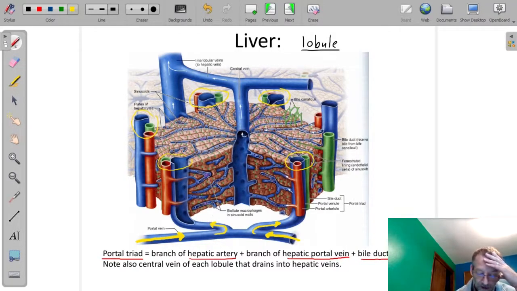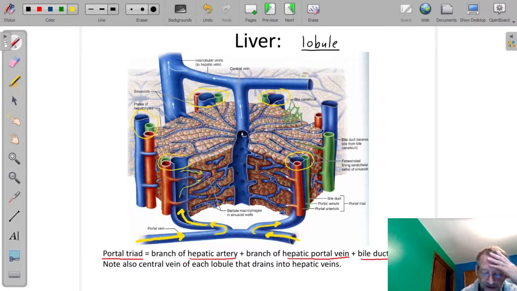So if we just follow one of these triads, this one on the left, the blood flows in. It's nutrient rich, oxygen poor, and then it branches out, and then it starts to go into these tiny little veins.